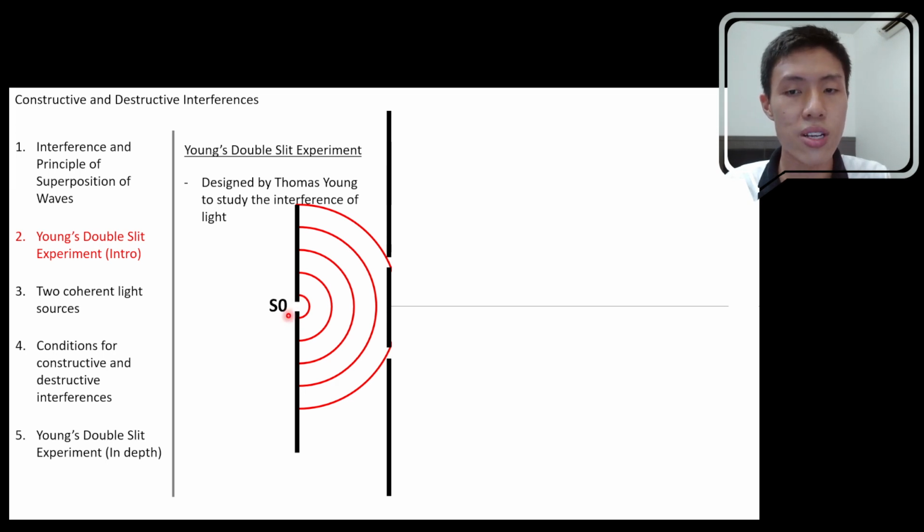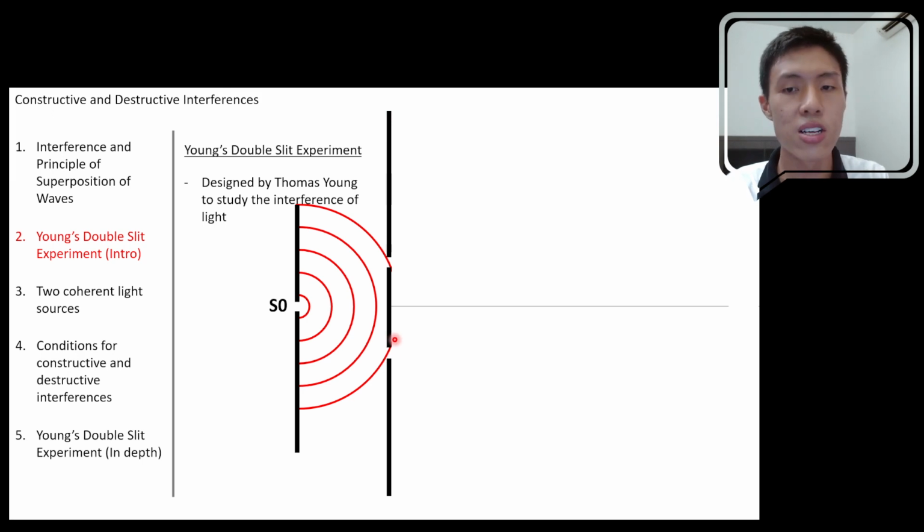The light will continue to travel to the right until it reaches another board which is arranged parallel to the first board. Again, this second board is also opaque, but we've poked two holes through it. Light cannot pass through the opaque region, it can only pass through these two slits.